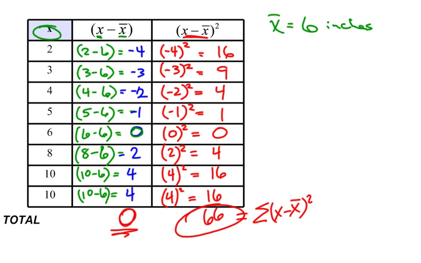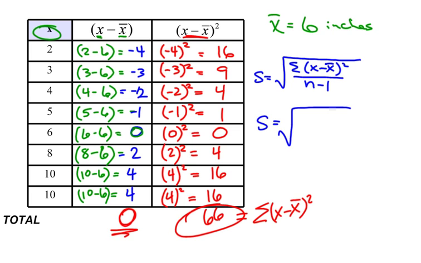Now again, we'll go back to the actual formula here. And we will use S is equal to the square root of the sum of x minus x bar squared, and we just found that value, divided by n minus 1. Okay, so let's take a look at what we have. S is equal to, we said the sum of x minus x bar squared is going to be 66.